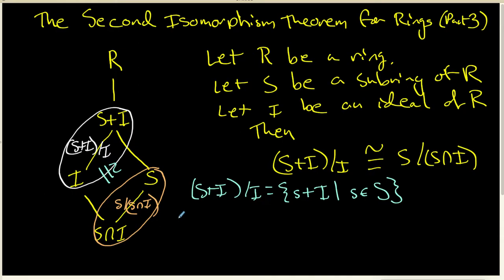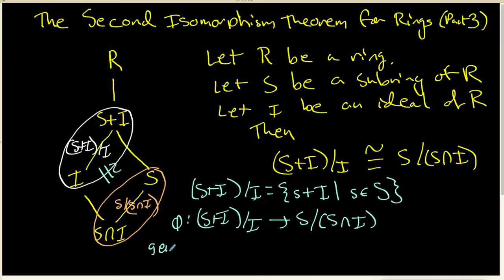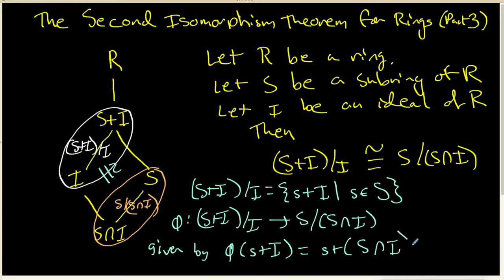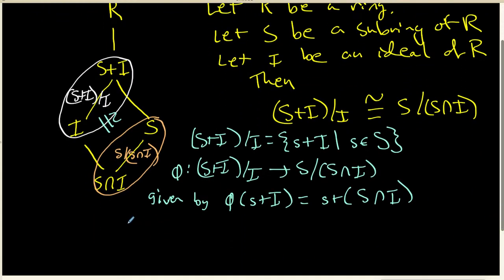And we've also defined a map phi from S plus I mod I to S mod S intersect I, given by the formula phi of little s plus I is just going to be little s plus S intersect I. And in the last video, we showed that phi was well defined.